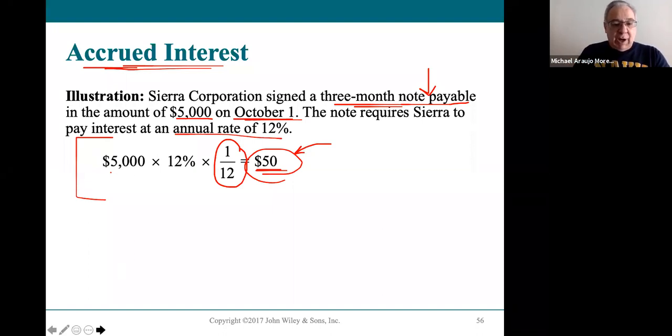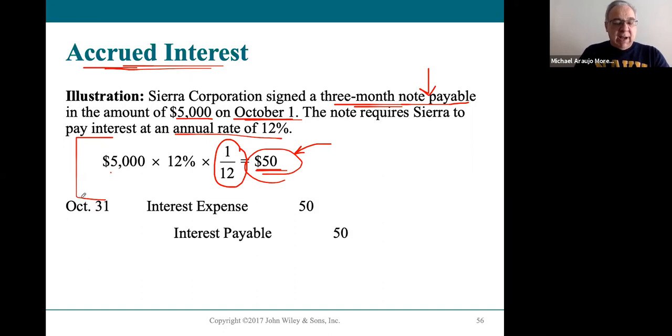Okay. So how we record it simply is, in our journal, we're going to put a debit to the interest expense for $50. But of course, we're not paying this interest until January the 1st. So we're going to set up something called an interest payable to show we're going to pay it later. Okay.